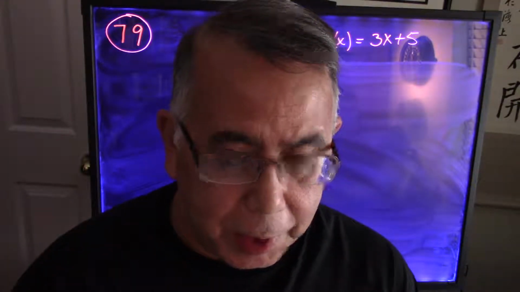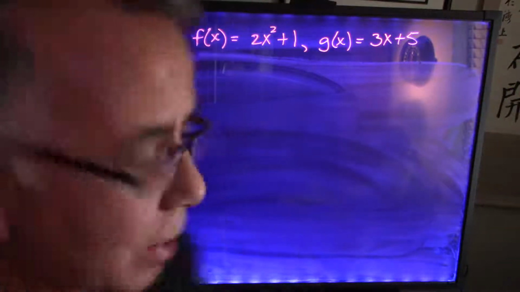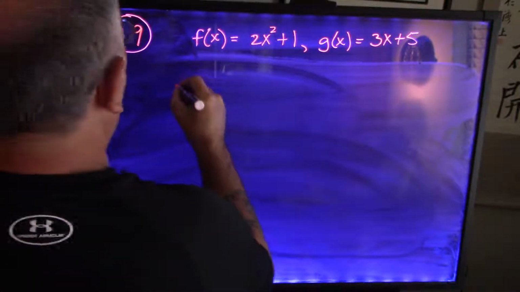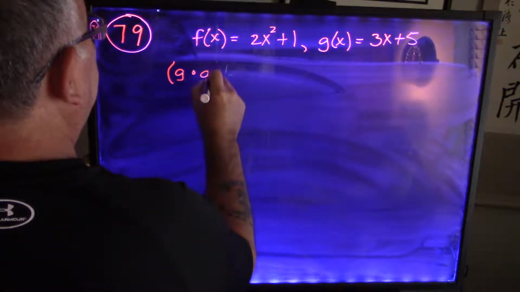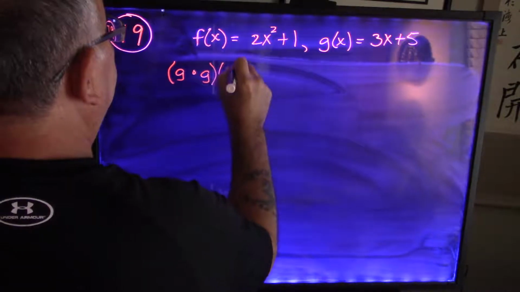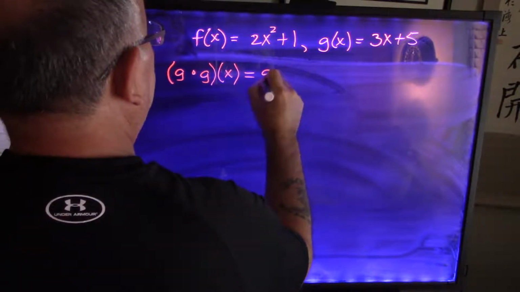Okay, number 79. Using the same functions as before, which I've kept on the board here, we want g composed with g of x. Alright, so g composed with g of x. That's g of g of x.